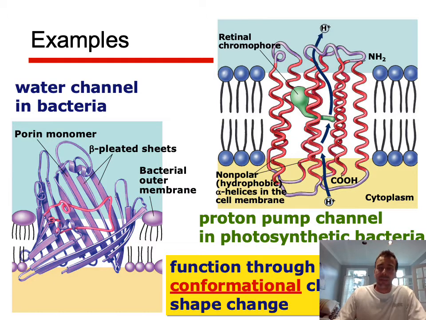These types of proton pumps will become very important when we talk about oxidative phosphorylation and the electron transport chain, which I'll cover in a separate lecture. These can shuttle molecules through conformational changes, essentially changing the shape of the enzyme or the protein. And we'll talk about how that works in a few slides.